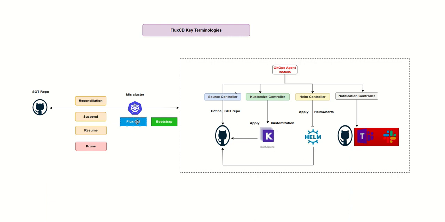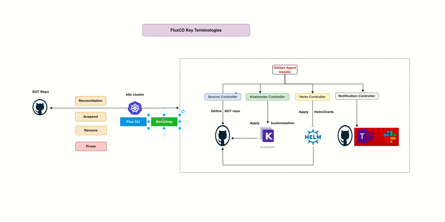So we'll start with the Flux CLI. Flux CLI is a client-side tool using which we interact with the FluxCD GitOps agent. Using Flux CLI, we fire a bootstrap command.